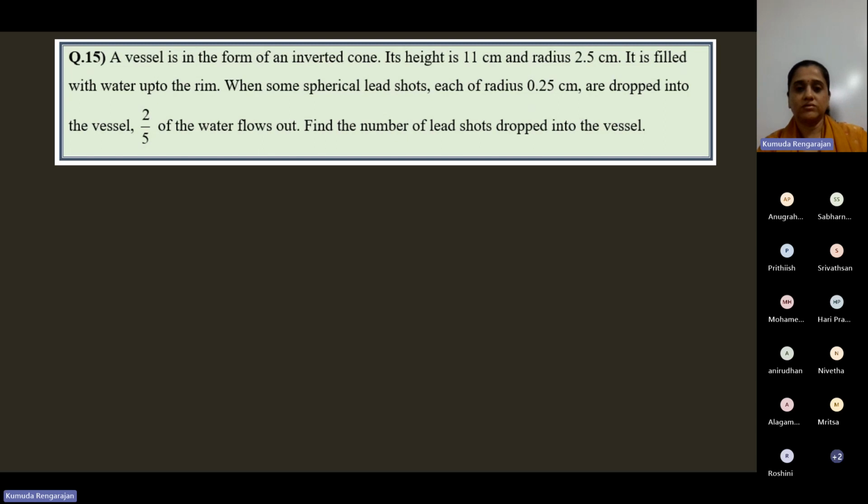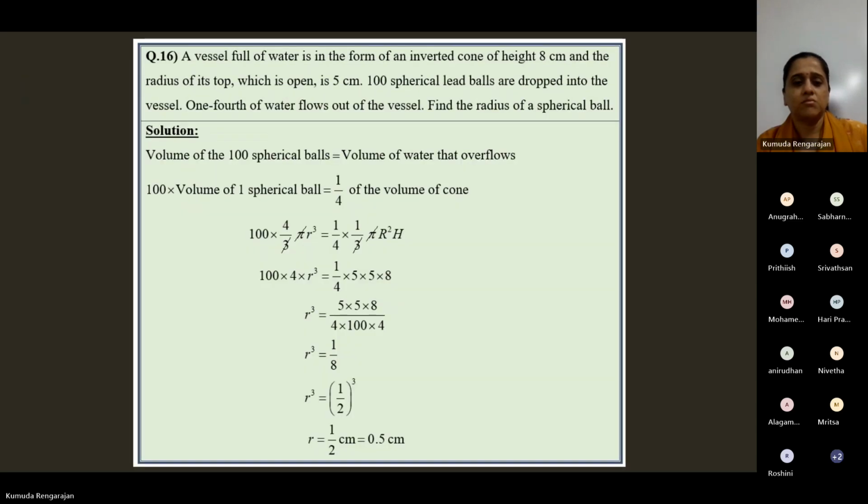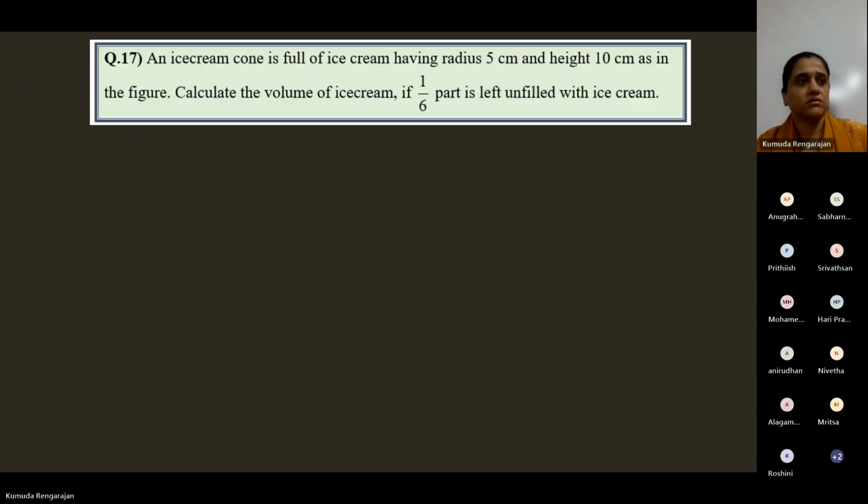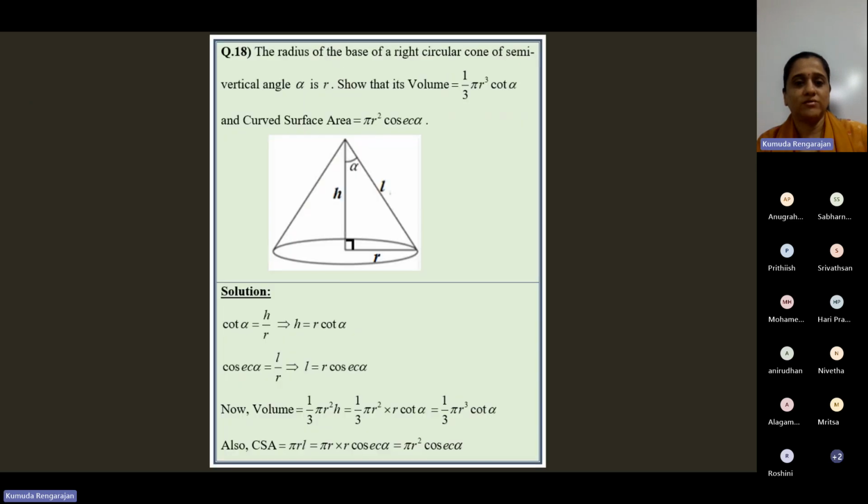Yeah, this is your next question. I think we have got this one, right? 2/5 of the water flows. No, I think we have got that.